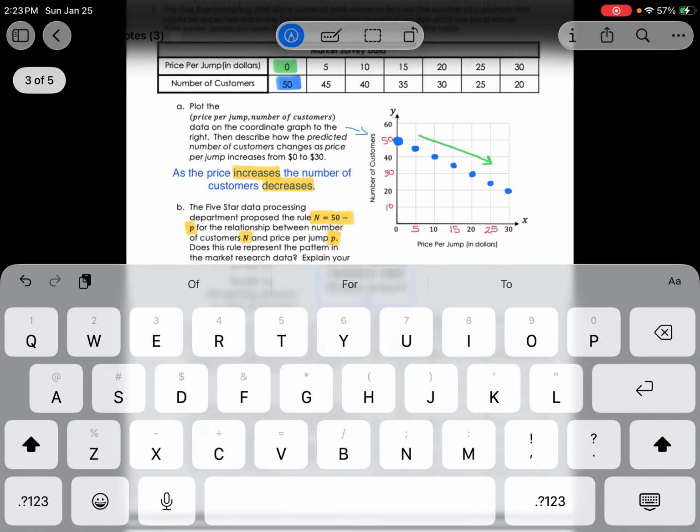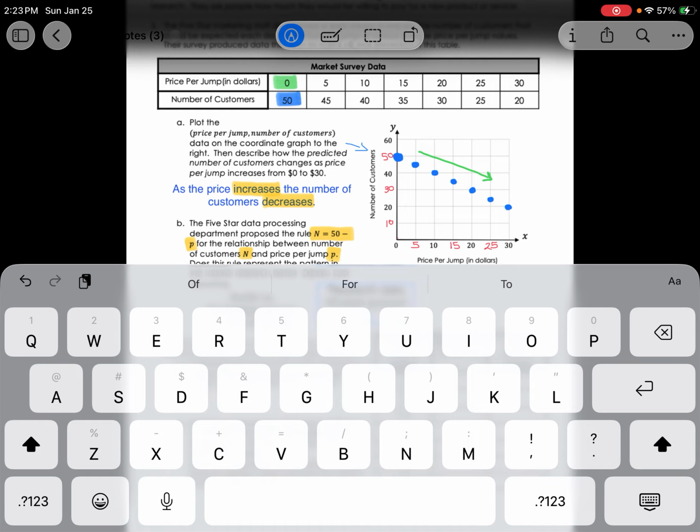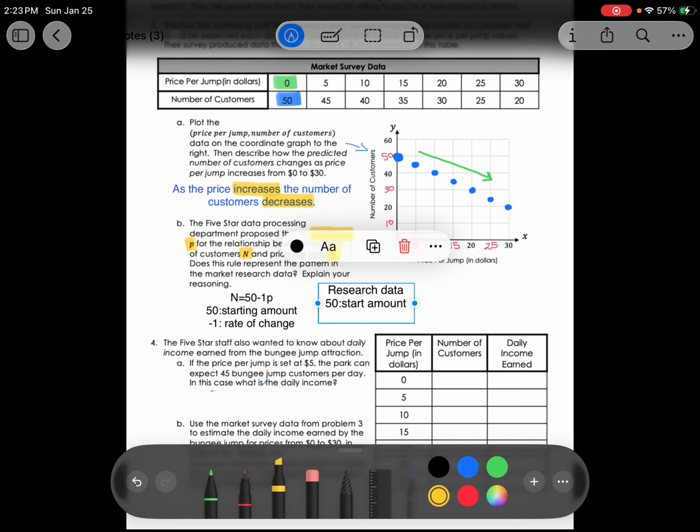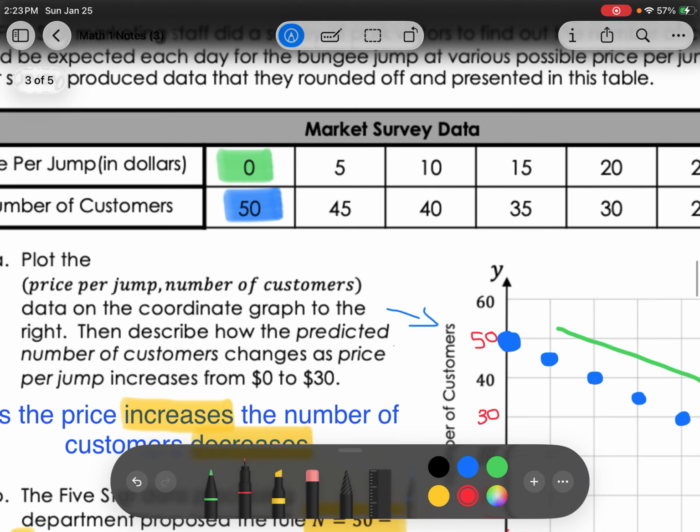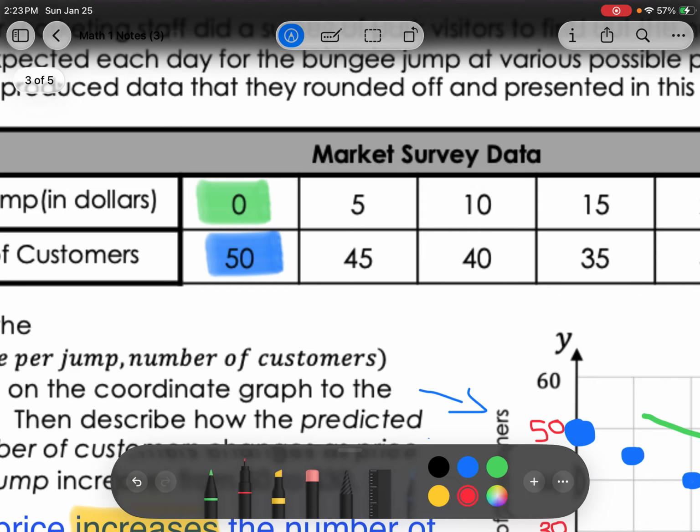And then if we look here, we can also visually see our rate of change. I gotta zoom into my table. If I go from 0 to 5, guess what? I'm gonna add 5 each time, and then from 50 to 45, I minus 5.